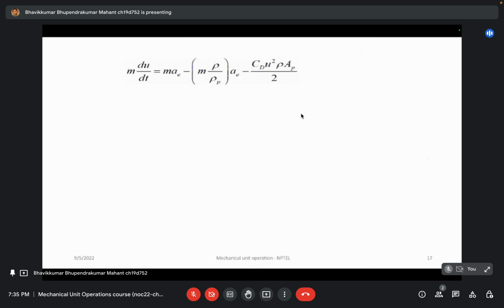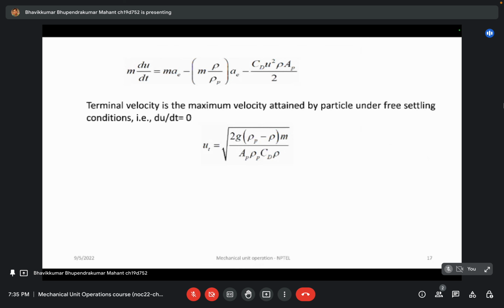Now here the force balance has taken place, and we don't want to go into much detail, and at the end you will get the value of the maximum velocity you can attain. If you put du by dt equal to 0, then the maximum velocity you can attain is known as the free settling velocity.